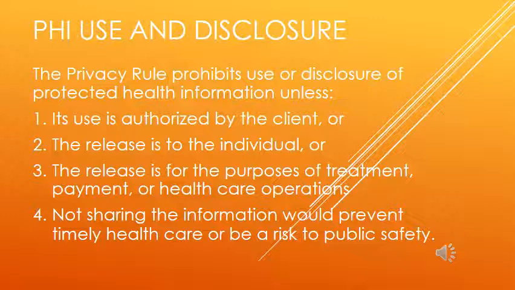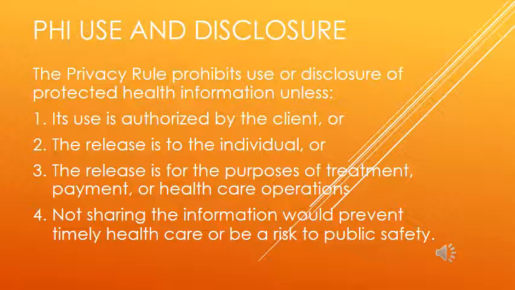Information may also be shared with individuals who have been contacted or have been exposed to a communicable disease when notification is authorized by law. And finally, to employers regarding employees when requested by employers for information concerning a work-related illness or injury or workplace-related medical surveillance, because such information is needed by the employer to comply with other laws governing the workplace.